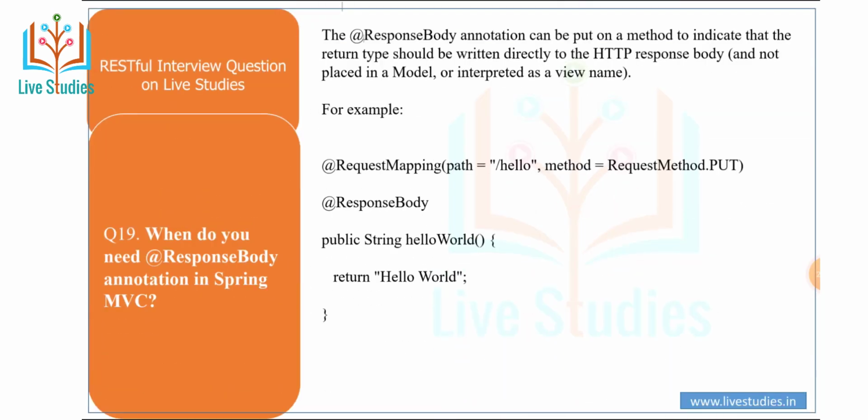Another question is, when do you need the @ResponseBody annotation in Spring MVC? The @ResponseBody annotation can be put on a method to indicate that the return type should be written directly to the HTTP response body and not placed in a model or interpreted as a view name.